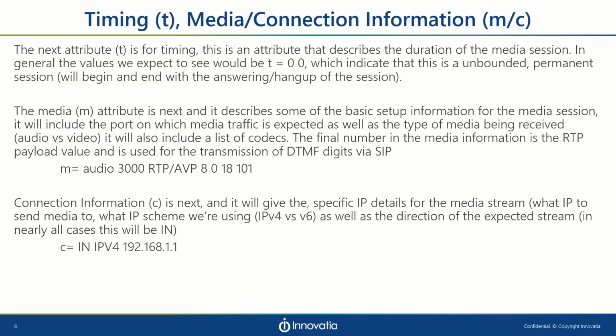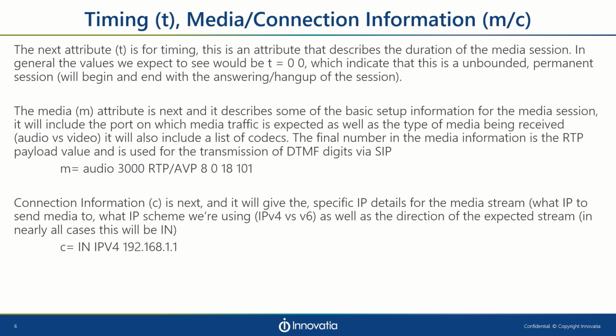The next attribute down below your timing is what's called your media information, or simply your media attribute. In this particular case, this will define a couple of things. One, what specific type of media is being sent over this session, over this connection.